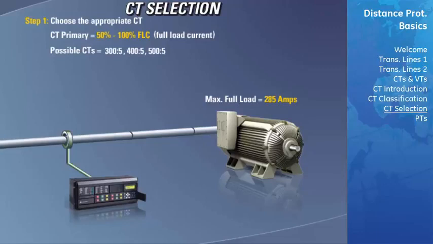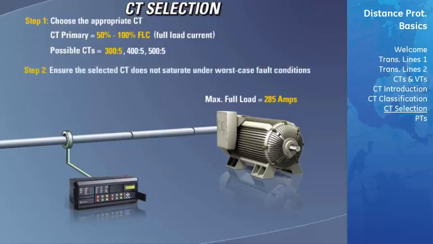In this case, we would select the CT that would fall the closest to 100%. The reason for this is the higher the CT ratio is over the full load current, the less sensitive that CT will be. Since accuracy is always imperative, we will select a CT with a 300 to 5 amp conversion, where the primary rating is 300 and closest to the 100% primary rating.